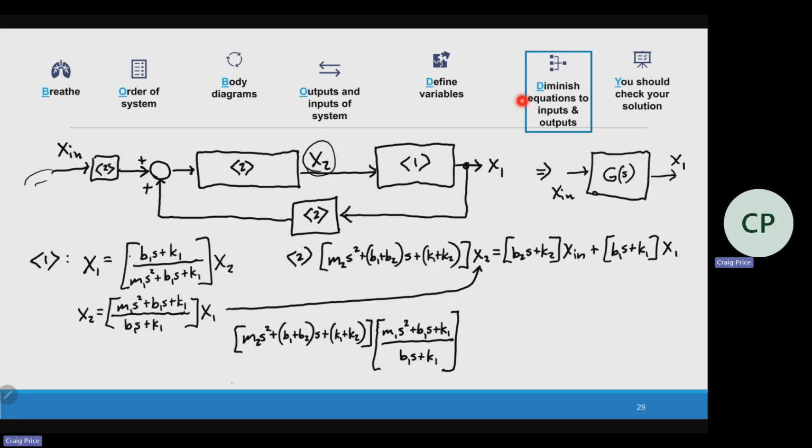I'll get to that, because this is just for the left-hand side. But I also want to bring this over. So we're going to subtract that, but I need to have a common denominator. And so we can just multiply it by itself. So this would be b1s plus k1 squared over b1s plus k1. And this is equal to b2s plus k2 times x in.